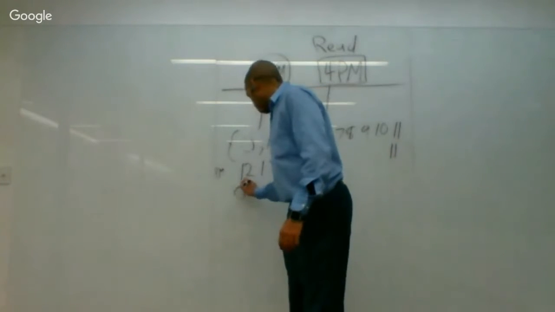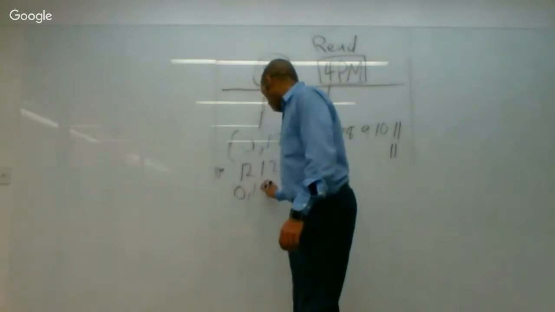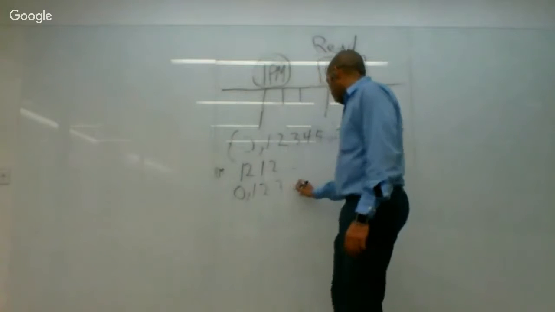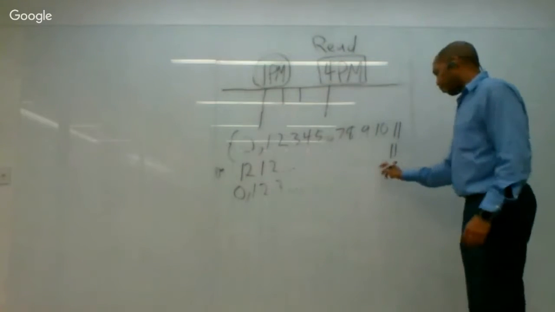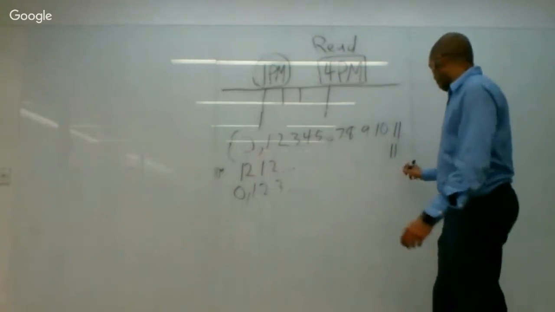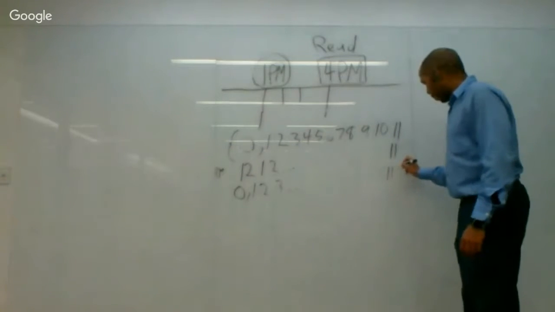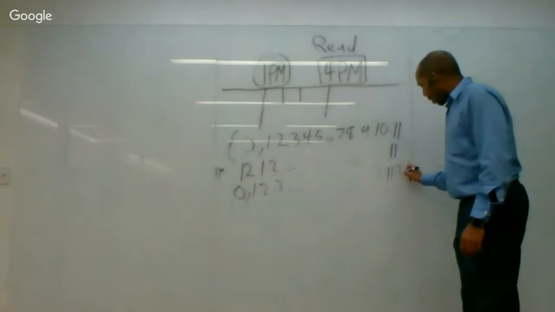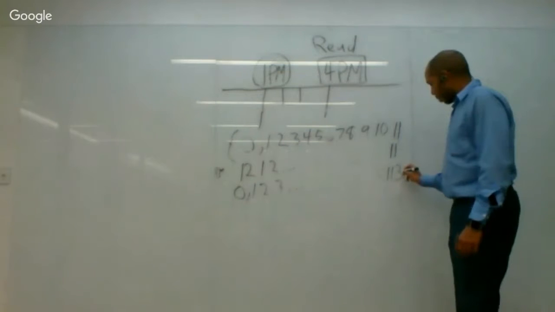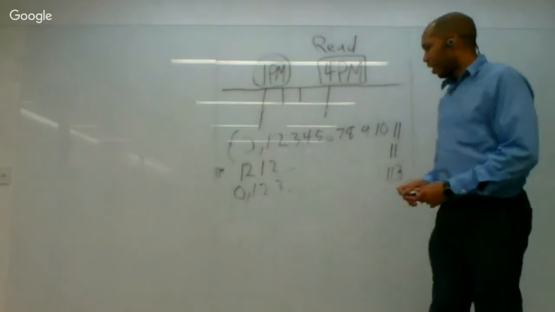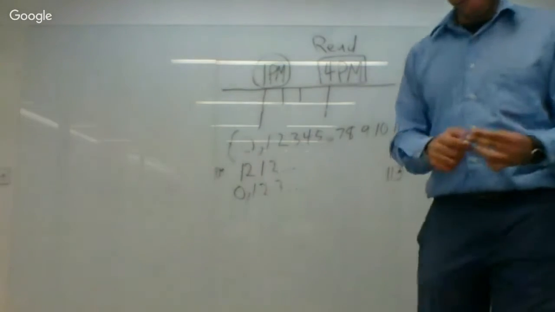You go to 0, 100, and then you go 1, 2, 3, and you go all the way up to, so that's in the morning, to 11 a.m. And then you end your array here, right? I don't know why that looks like a 3. Then you end your array here. So what does that allow you to do?